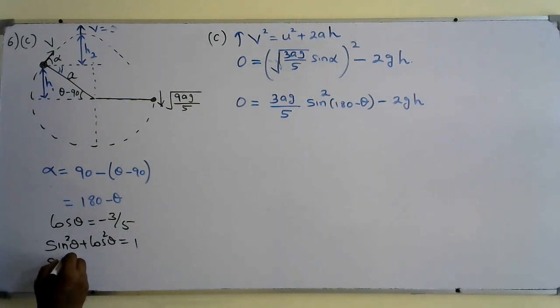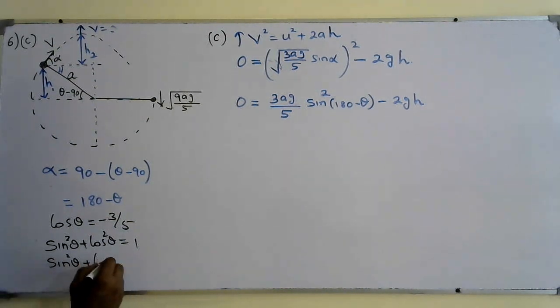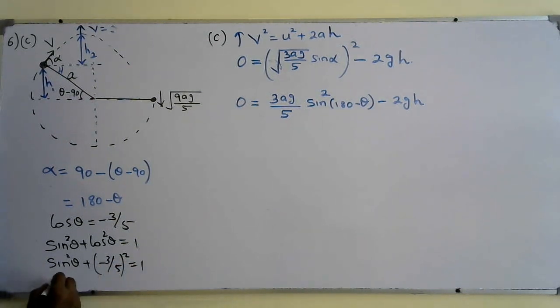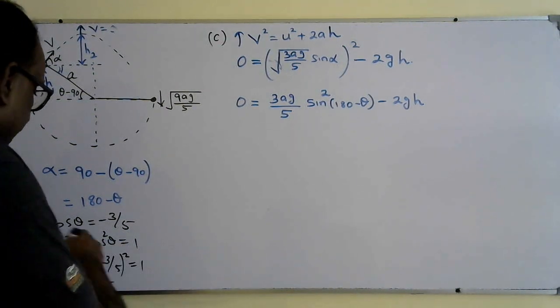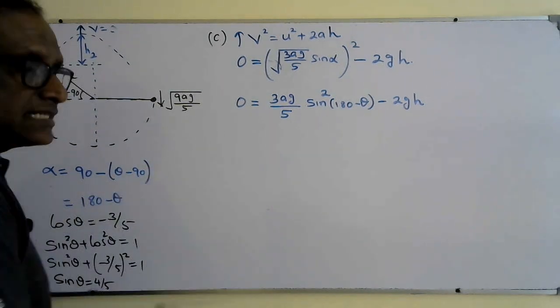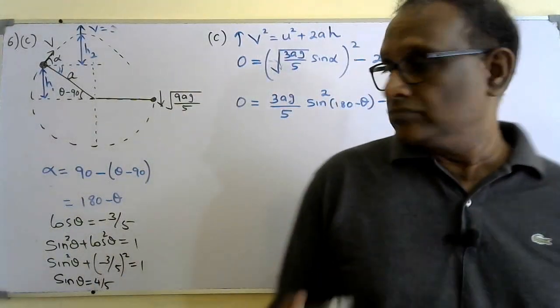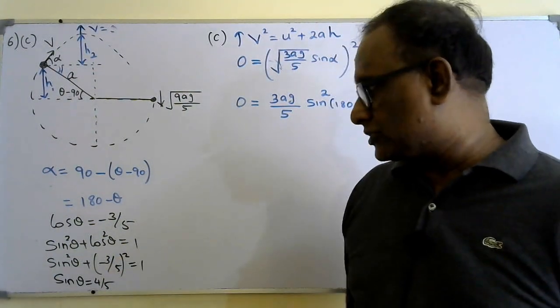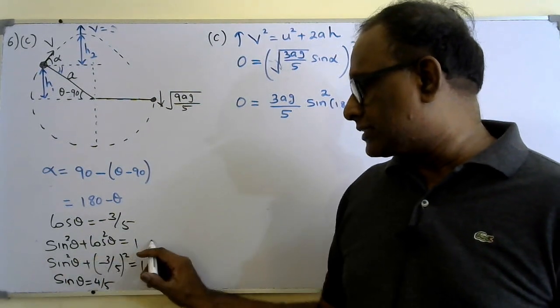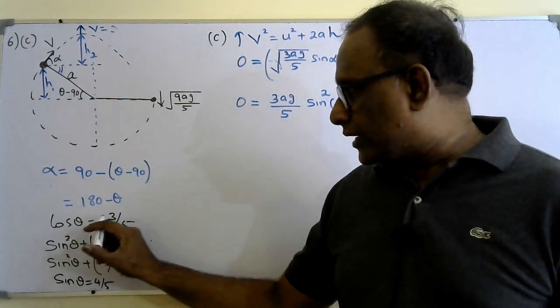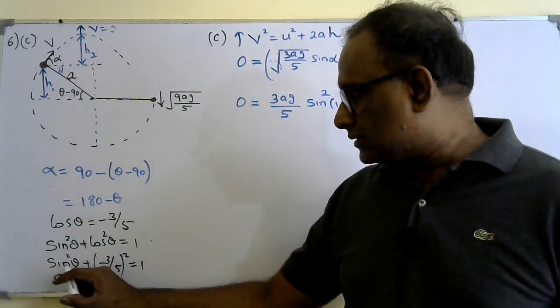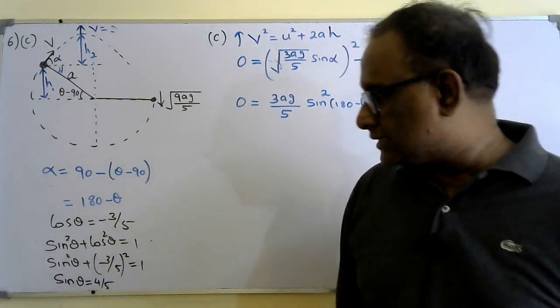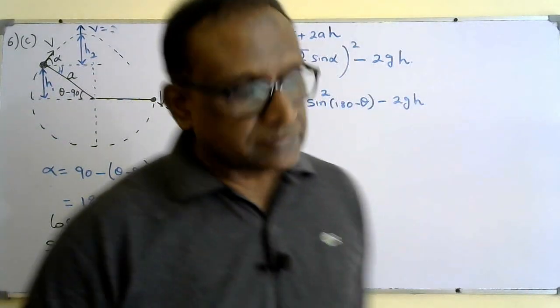So sine squared theta plus minus 3 by 5 all squared equals 1. Solve it, you will get sine theta equal to 4 by 5.